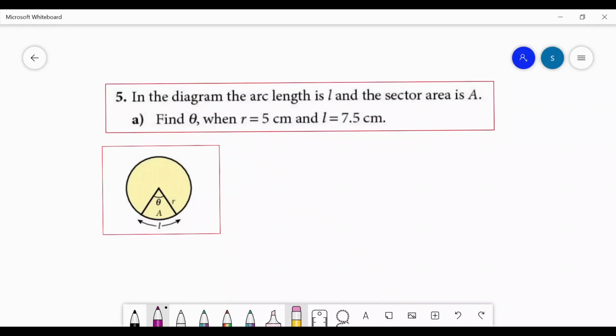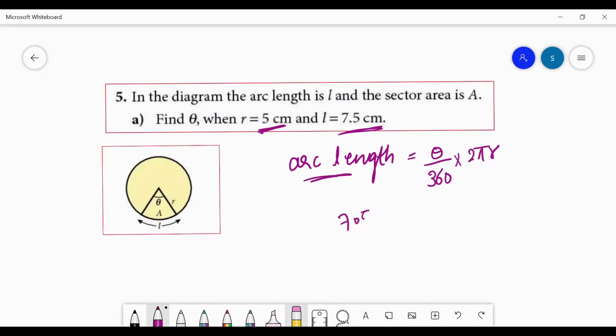Next up, we have find theta when r equal to 5 centimeters and l equal to 7.5 centimeters. L is the arc length here. So let's start with the formula for arc length, which is theta by 360 into 2 pi r. And arc length is already given. It's 7.5 equal to theta by 360 into 2 pi r, which is 5 centimeters.